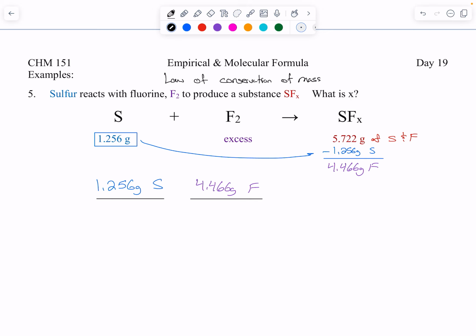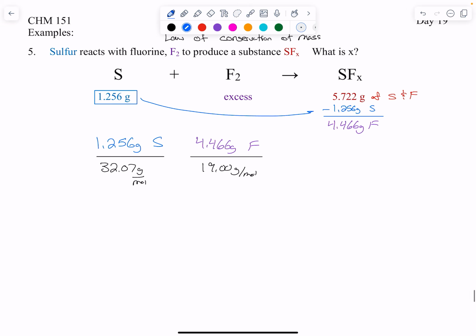So sulfur is 32.07 and fluorine is 19. If we do this math, I get 0.0392 moles of sulfur and 0.2351 moles of fluorine.